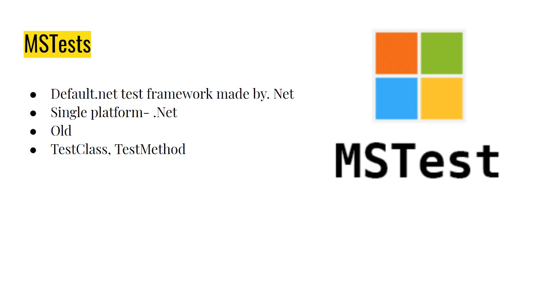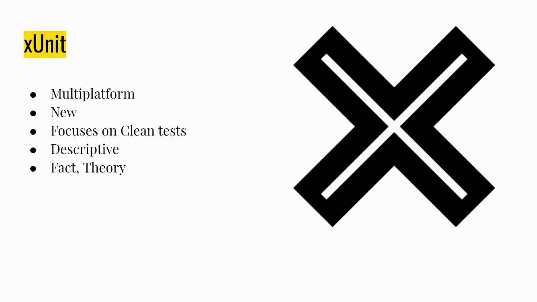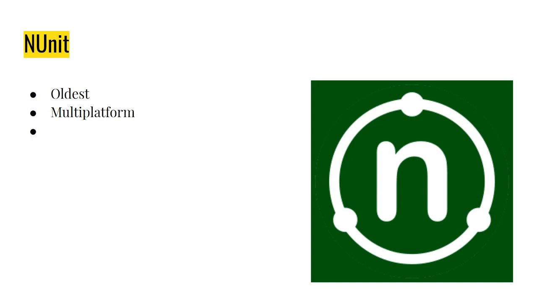Now, testing frameworks. You have MS Test. That's the worst choice. That's the default testing platform for .NET, but it's not that old. It's actually, I think, 2007 or so it came out. It's not that old, but basically the story behind MS Test is, after XUnit came out, Microsoft wanted something of their own, and so they made MS Test.